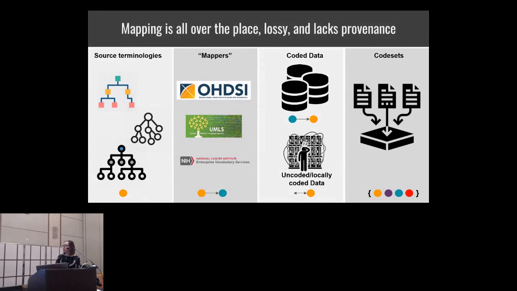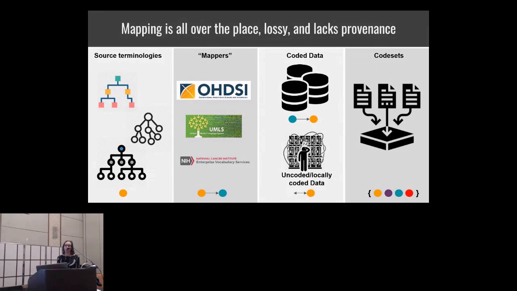Then we have the problem of coded data and unencoded data. So in clinical systems, locally, there's often a lot of local terms that don't have codes, and those have to be mapped to things with codes in order to make them shareable and computable. Or they have local codes, and those local codes must be mapped to a function. And then finally, we have things called code sets, which are essentially representations of a particular phenotype or a particular diagnosis.